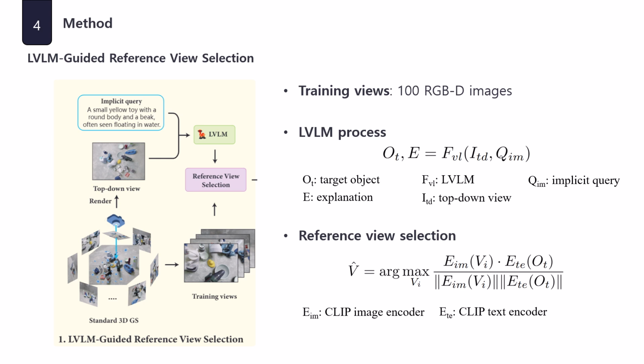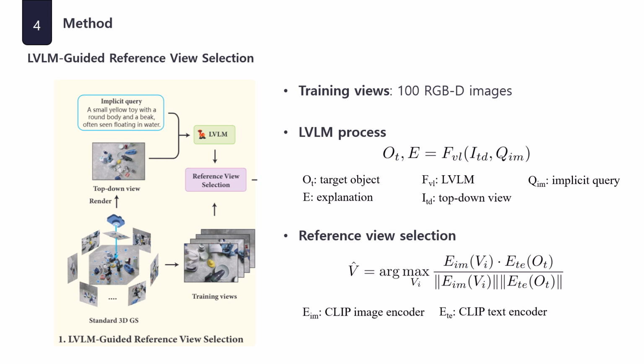This rendered top-down view, along with the original implicit query, is then fed into an LVLM. The LVLM is prompted to output two things: the name of the target object and an explanation or description of it. Finally, to select the best reference view, the explanation of the target object is encoded using a CLIP text encoder.